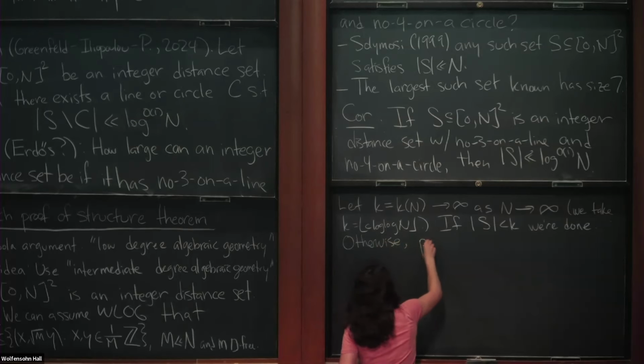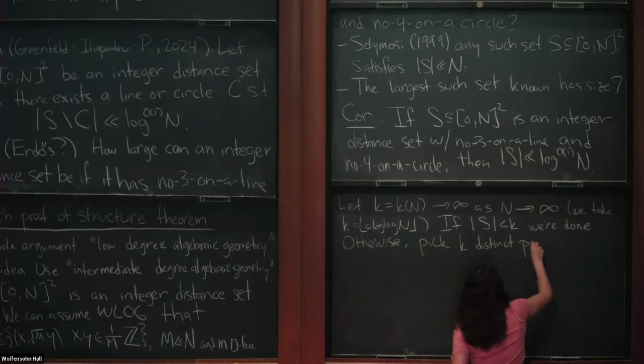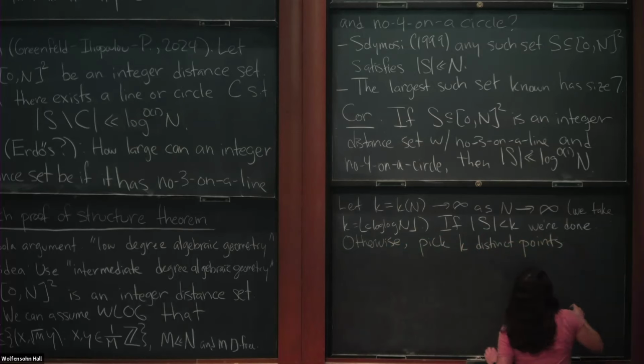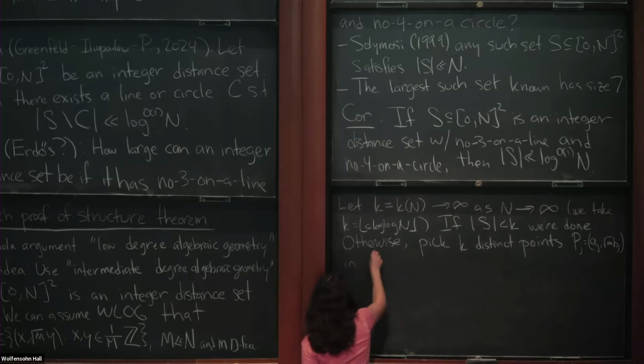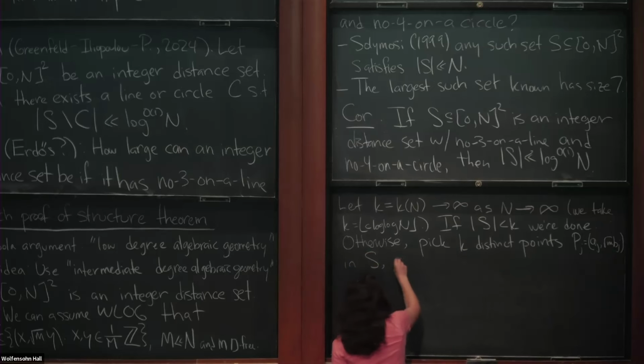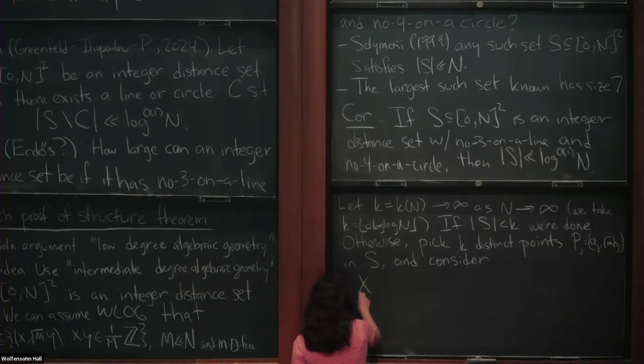we want to pick K distinct points, we'll call them the P_j in S. They'll be of the form (a_j, square root of M times b_j), where the a's and b's are rational. And we'll consider the affine variety, call it X_K.